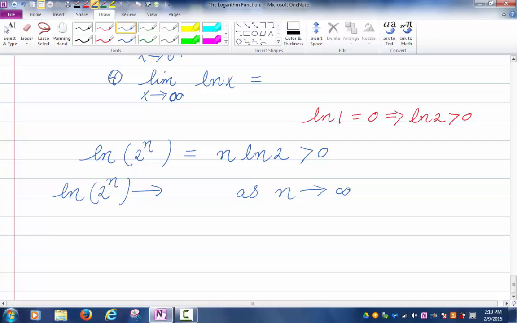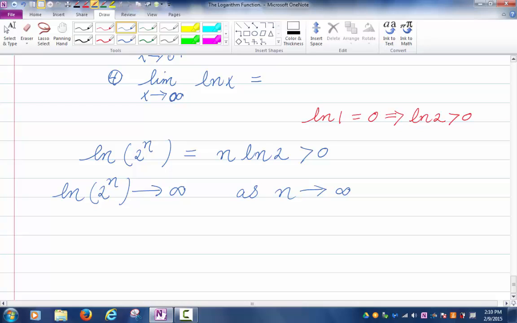Infinity, right? Because ln of 2 to the n is n times ln of 2. So if ln of 2 is positive, then as n gets bigger and bigger, n times ln of 2 is getting bigger and bigger, right? So the limit as n goes to infinity is infinity, right?